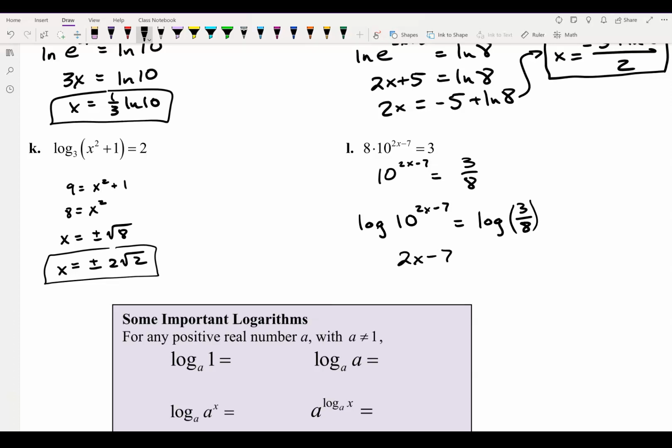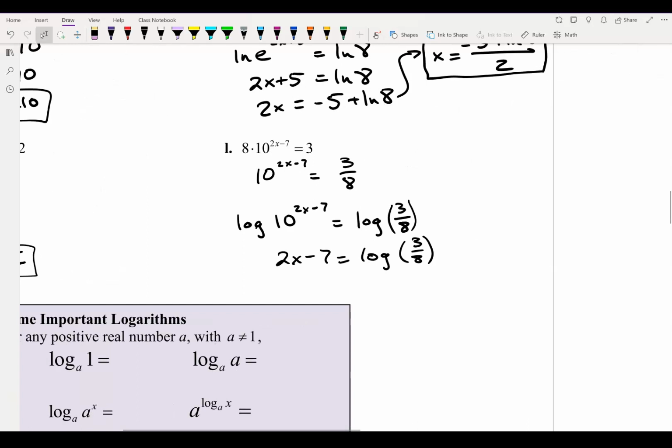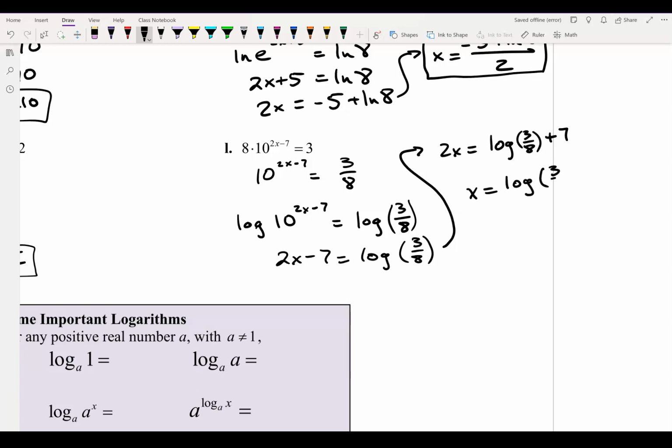So that's 2x minus 7 equals log 3 over 8. And then taking that a little further, adding over the 7, first 2x equals log of 3 over 8 plus 7. And then divide everything by 2, so we have x equals log 3 over 8 plus 7 divided by 2. And we'll leave that one right there.